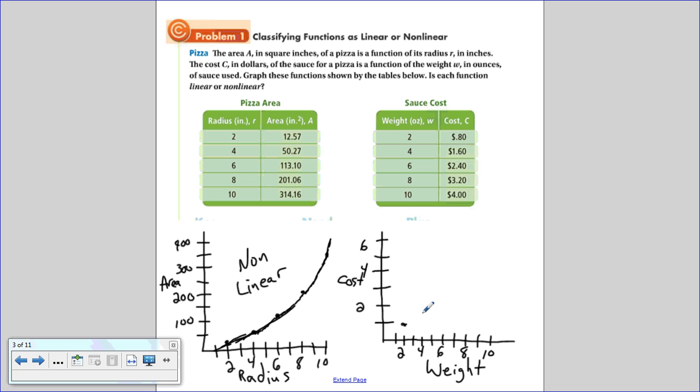So $1.60 is right about there. $2.40 is right about there. At 8, it's $3.20, so we're looking right about there. And with 10 ounces, we're at $4. About there.